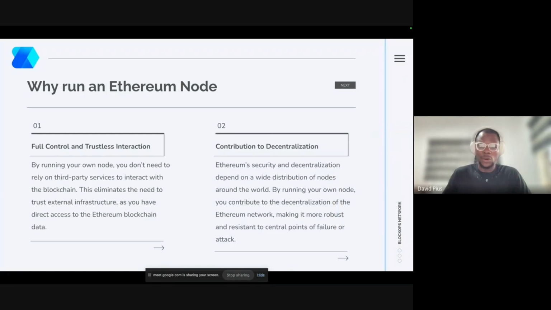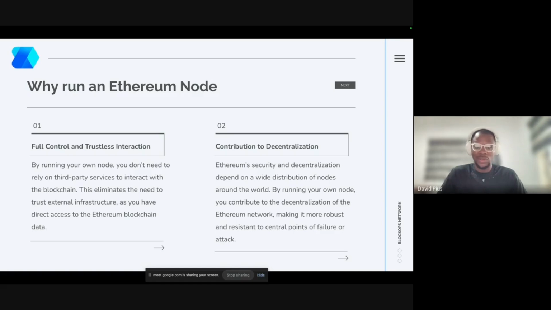Also, you're contributing to decentralization. Just like I said earlier, by running your own node you're making the network stronger and better. With the last time I checked, especially on the Ethereum network, you have a lot of node operators in a particular region, like 30% of Ethereum nodes run in one region.